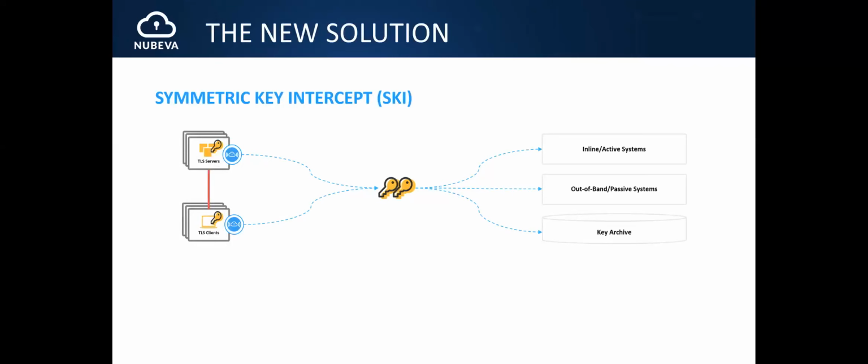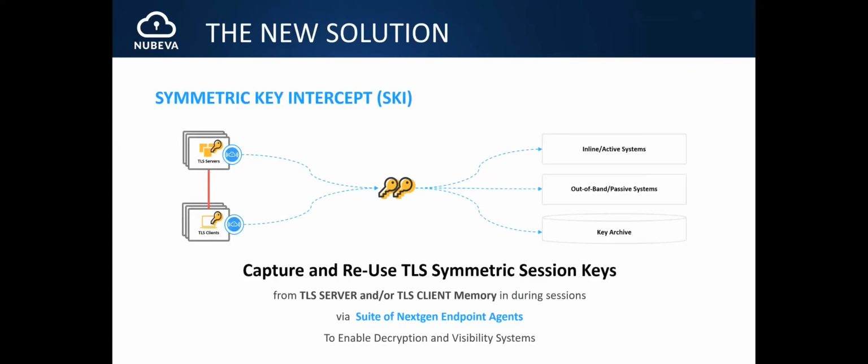And ultimately, what we do is we deliver a set of software in the form of next generation endpoint agents. There's a whole suite. I'll cover that in a second. And what they do is they can capture and help you reuse those symmetric keys from either the client or the server in real time.